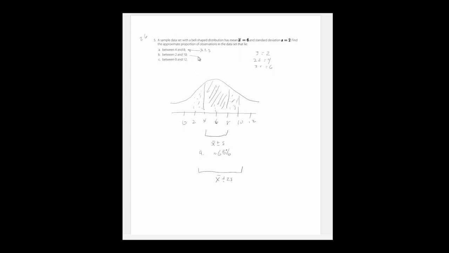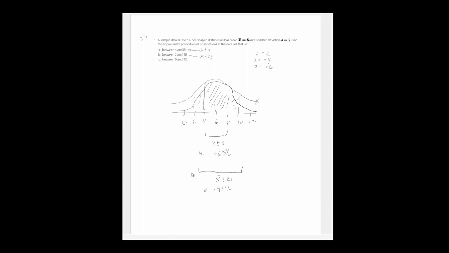So this is our x bar plus or minus 2s. According to the empirical rule, 95% of the data lie within there. The way I drew this curve, my tails are too big. If I drew the curve more like this, it is probably more appropriate looking than my first one.